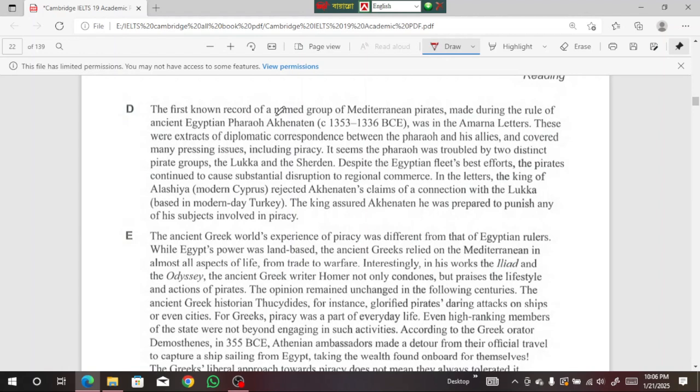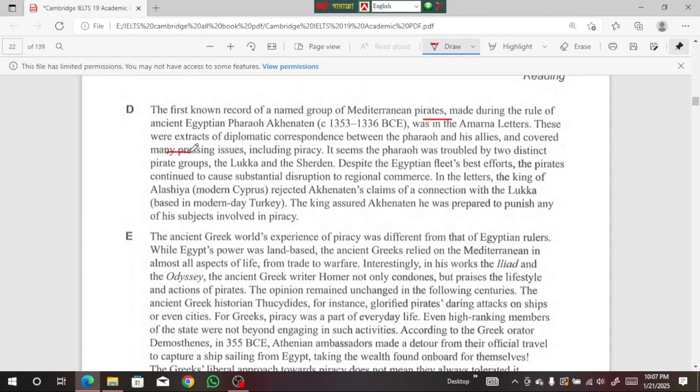The first known recorded name of a group of maritime pirates was during the rule of the Egyptian pharaoh. Extracts from the diplomatic correspondence between the pharaoh and his allies cover pressing issues, including piracy.